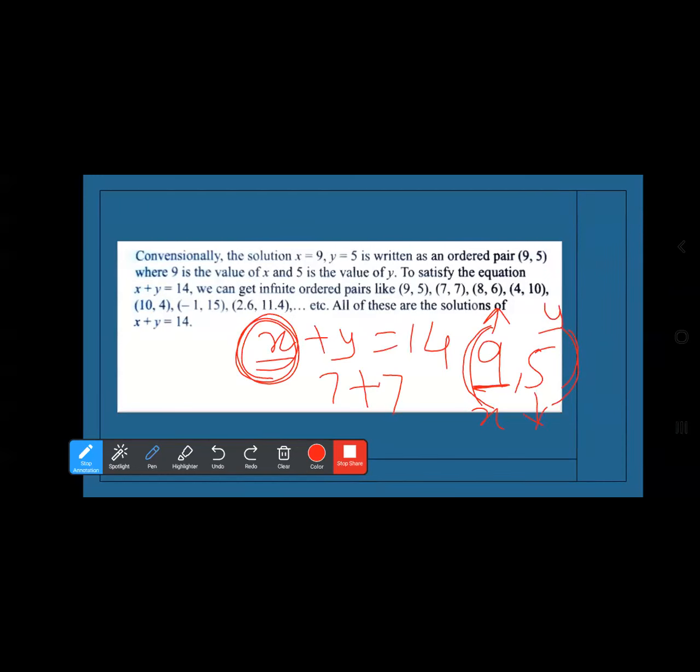So always when you are writing the ordered pair for the values of the variables, it should be x first and then y. This is important. With 7 and 7 both values are the same, but in the case of 9 and 5, it should be written carefully in the ordered pair.